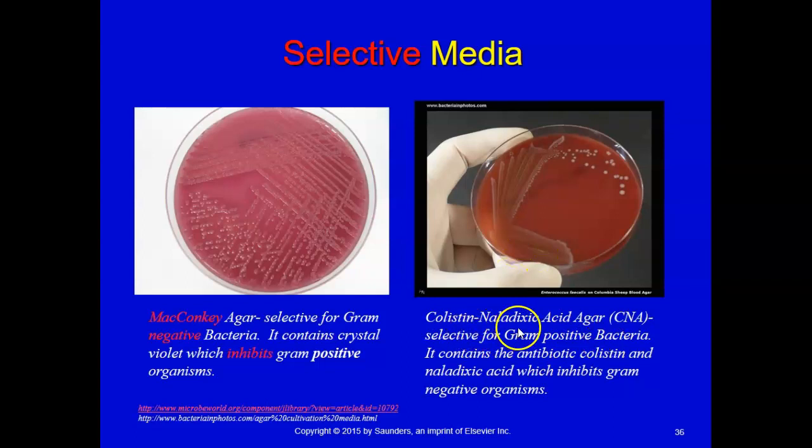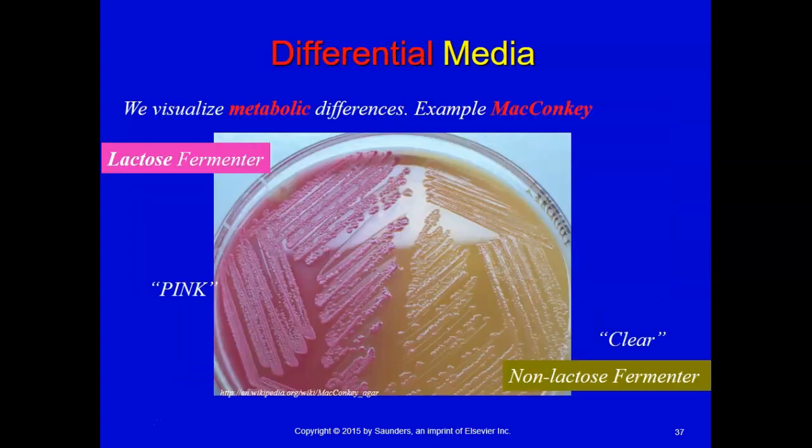So colistin and nalidixic acid will kill gram-negative bacteria most of the time, allowing gram-positive bacteria to grow. So the antibiotics it contains are colistin and nalidixic acid. And if you can learn these little tidbits now while we're going through chapter 1, that'll be one less thing you have to learn later on, because that will be something definitely that you do need to learn.